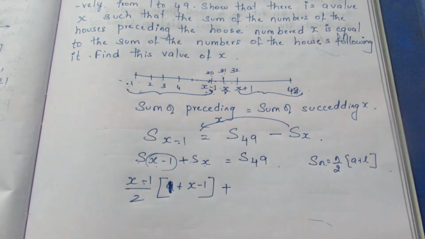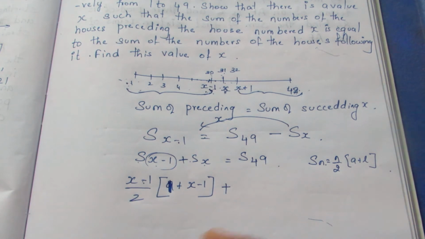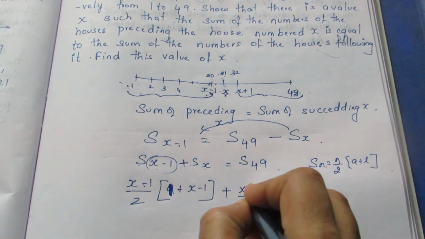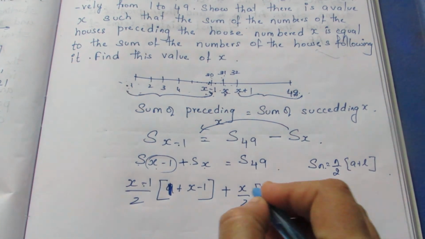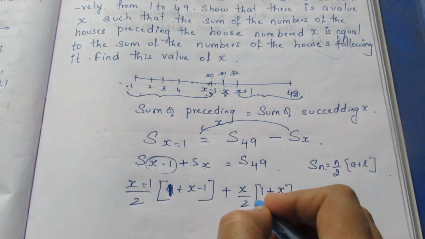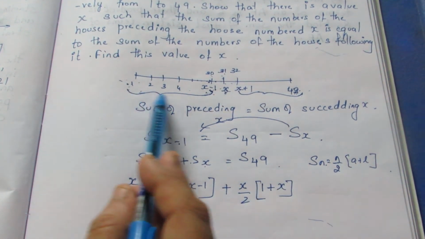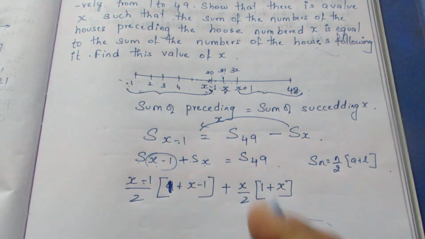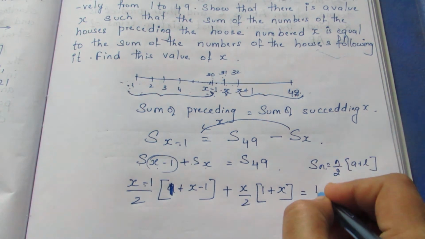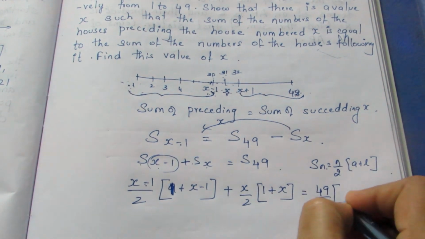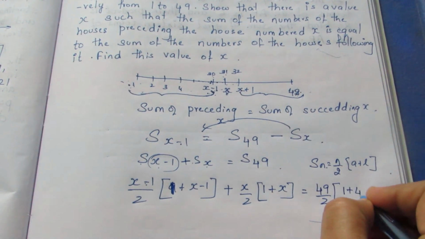Now for x, the same way, x by 2 into a plus l, where n will be x because it is a natural number. For S49, n by 2 means 49 by 2 into a plus l, which is 1 plus 49.